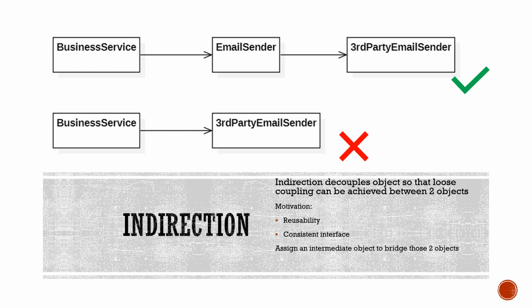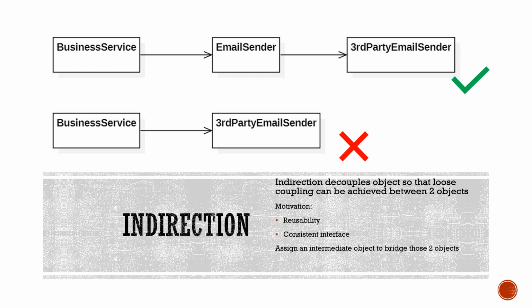So it promotes reusability because the logic is only written once in that repository class. And the second motivation is a consistent interface. In this example, let's assume that the third-party email sender has an unstable interface. We encapsulate it in the email sender because we don't want to change the business service class too much. Let's say that it contains important business logic.